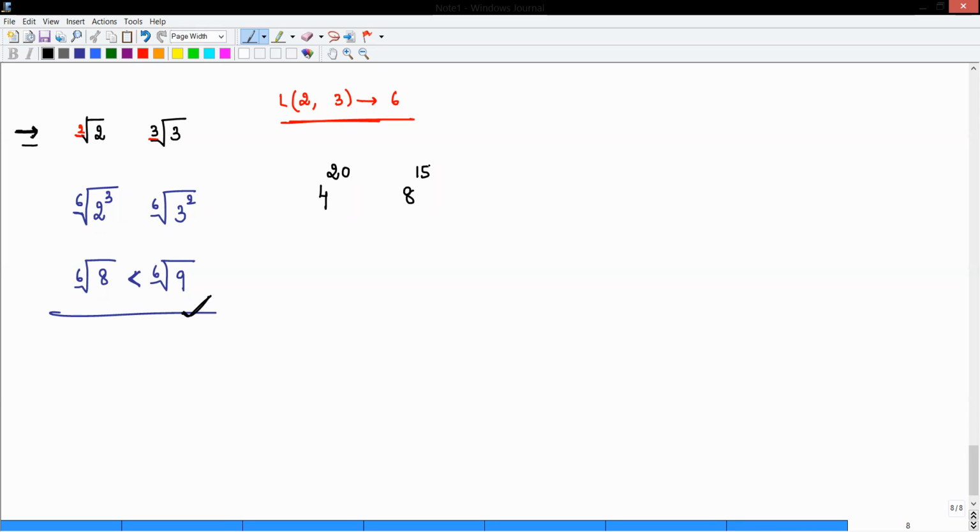If I ask you which one is greater, here you need to equate the bases. Like you have 2 power 40, 2 cube, therefore 3 into 15, 45. Here we have equated the base.